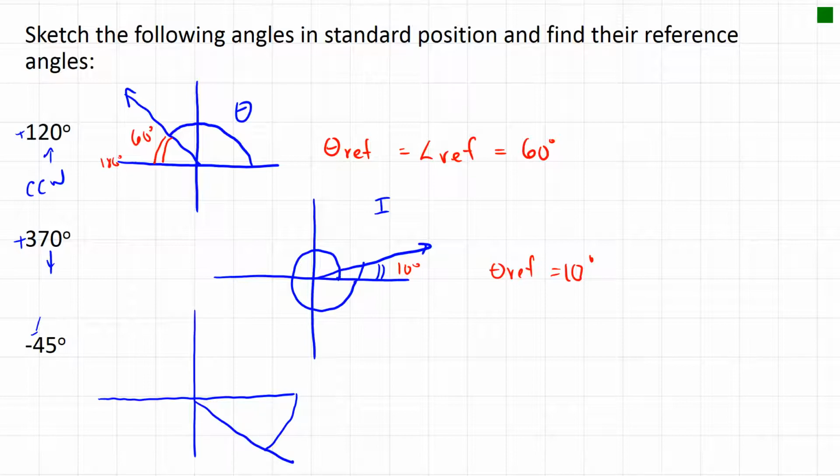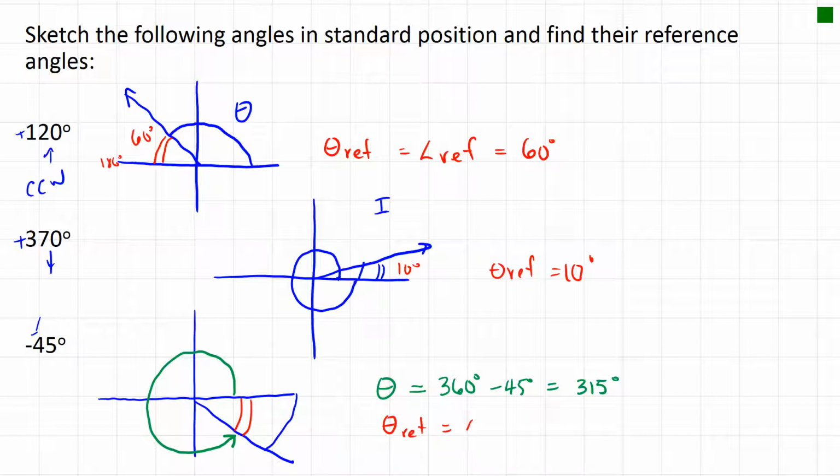So my angle in standard position is actually measured going this way. So the angle in standard position is not negative 45 degrees. It is 360 degrees minus 45 degrees, which is 315 degrees. And the reference angle is this little sliver right here, which is 45 degrees. So a bit complicated and something to be careful of when you're going negative.